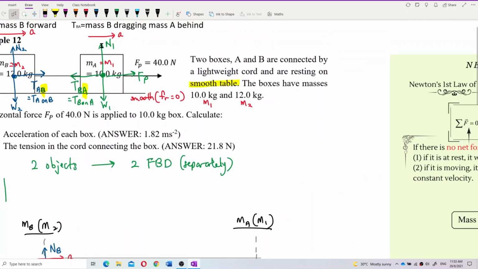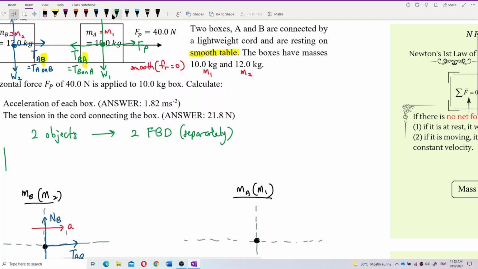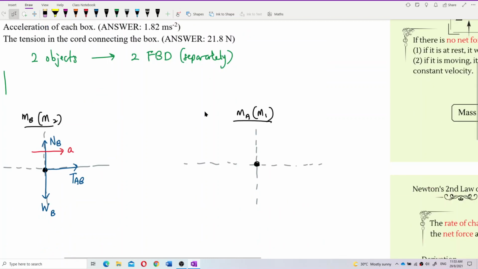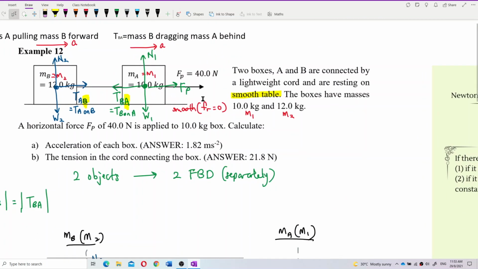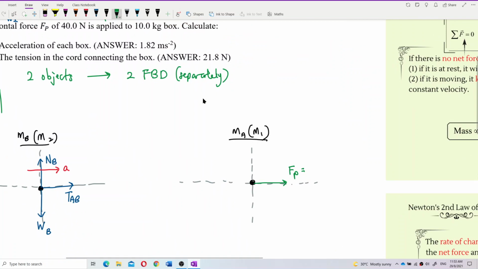Mass A, you have 4 forces here. First of all, you have the external force FP, which is how big? FP is 40 Newton.